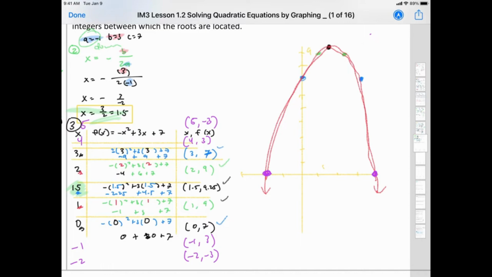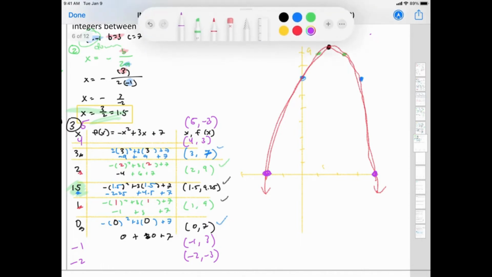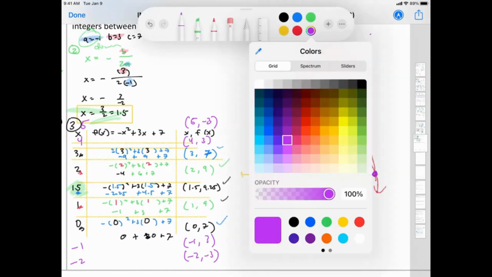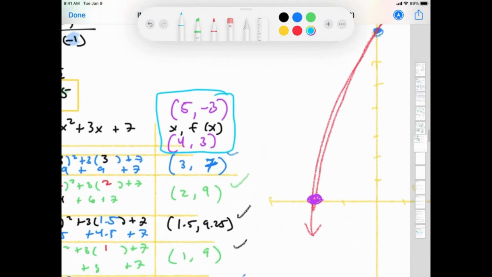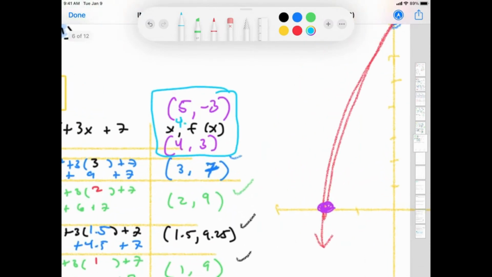Okay, so what they're trying to say is, here is my answer. Let's see. Okay, between these purples is, let's just say you had something like 4.1, comma 0. It's between a positive and negative value of the y's. Let's say that again.